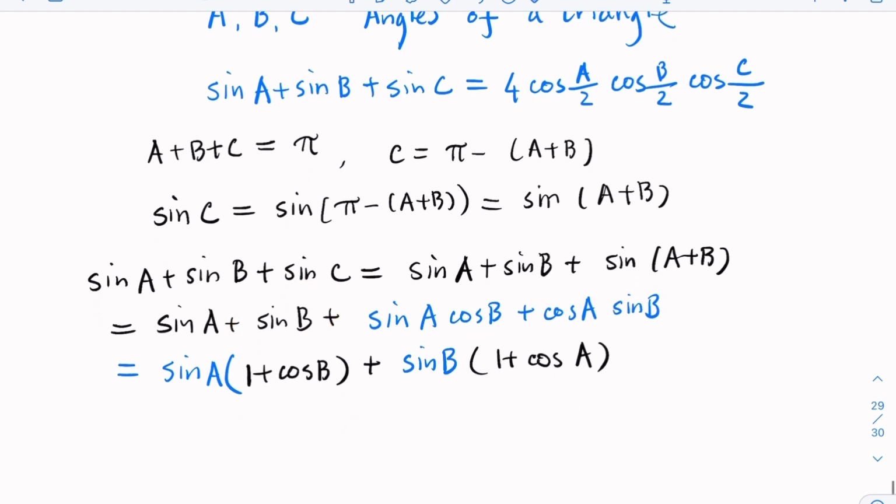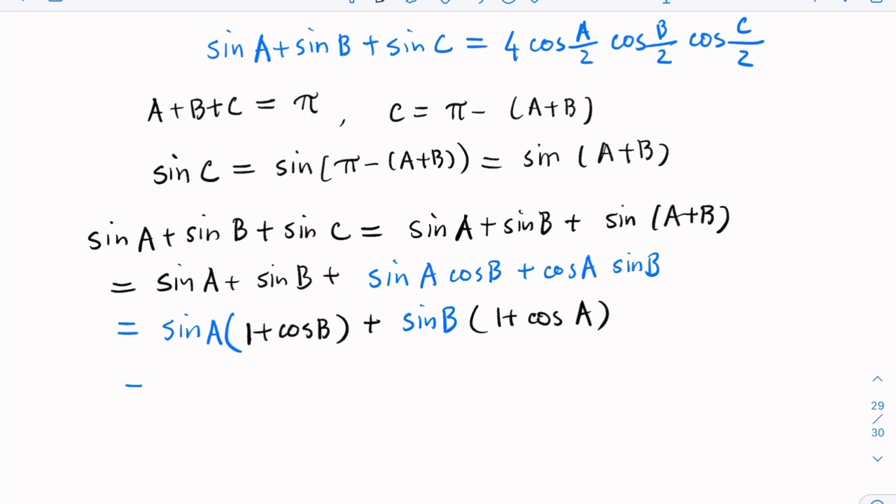Now here we're going to use the double angle. Some people say it's half angle. For this quantity here, 1 plus cosine B is going to be 2 cosine square B over 2, and this quantity here, 1 plus cosine A, is equal to 2 cosine square A over 2. So let's rewrite the whole equation.